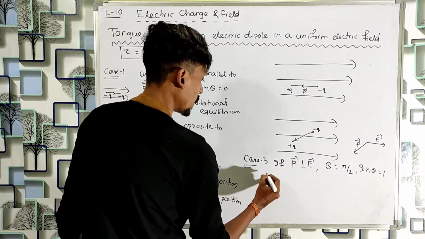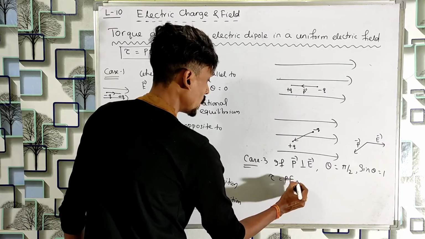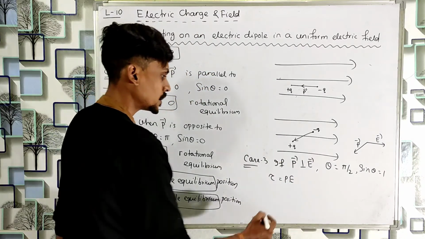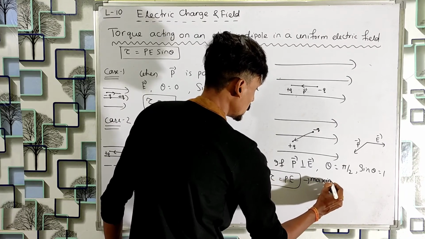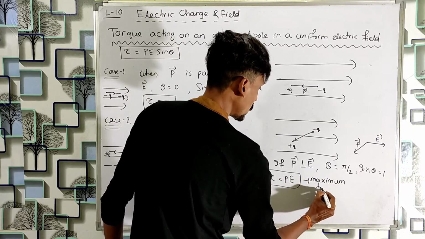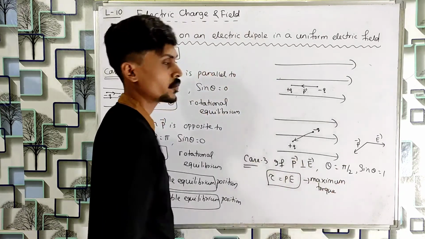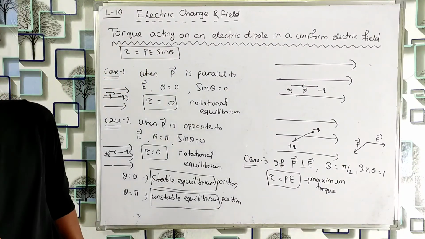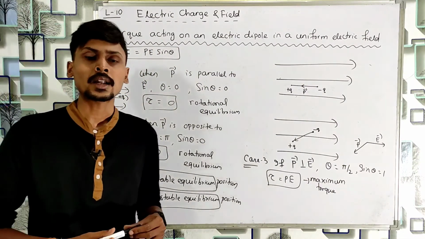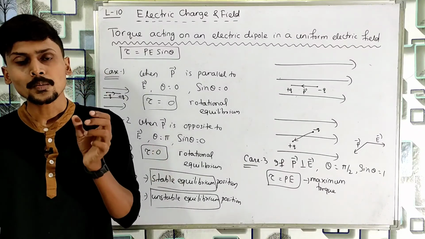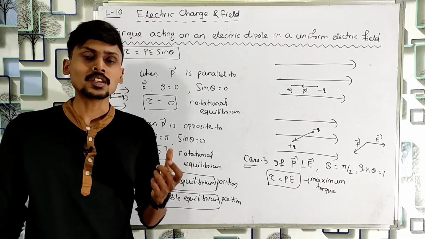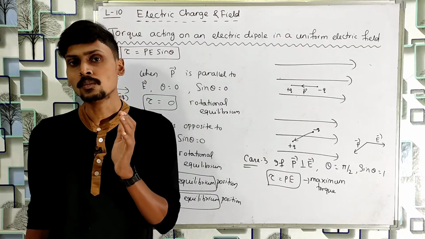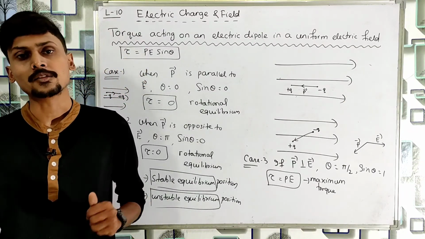The torque acting on the dipole will be pE into 1 or pE, and this is the maximum torque. So remember that the maximum torque acting on the dipole is equal to pE, and a dipole experiences maximum torque when the dipole moment is perpendicular to electric field.